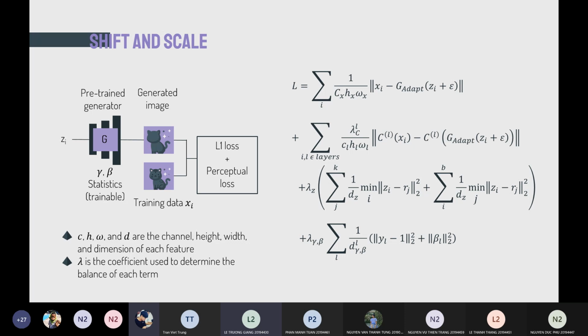The third term is because we want the Z embedding to follow the normal distribution. So when we sample after training, we can use the normal distribution to sample and generate a new image.